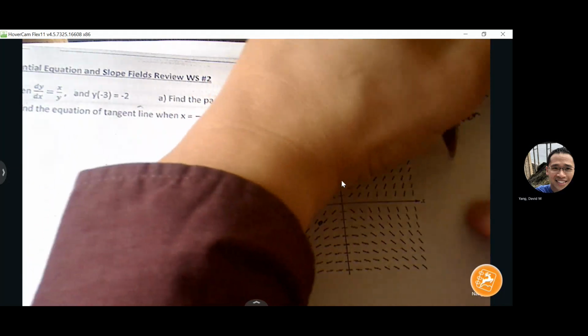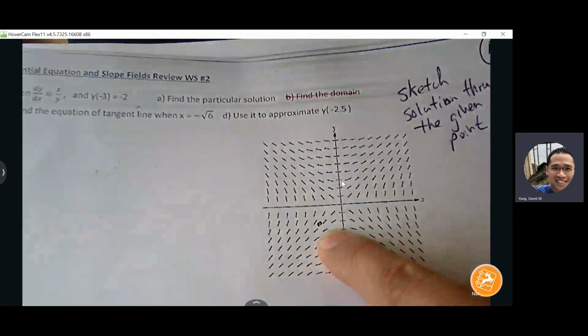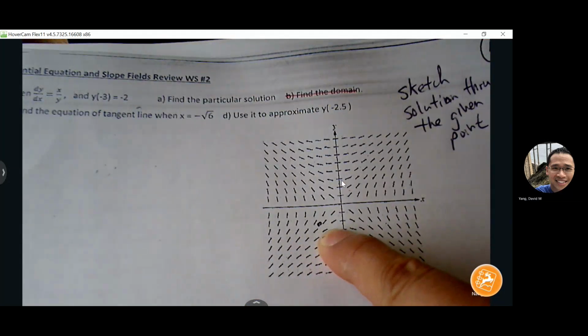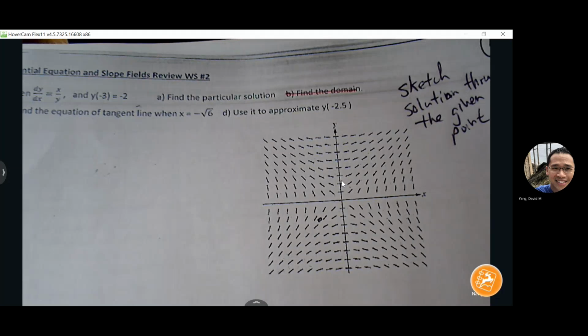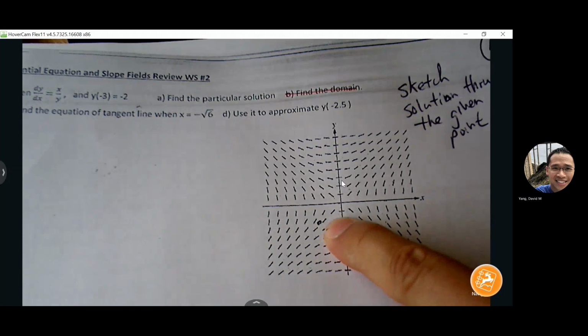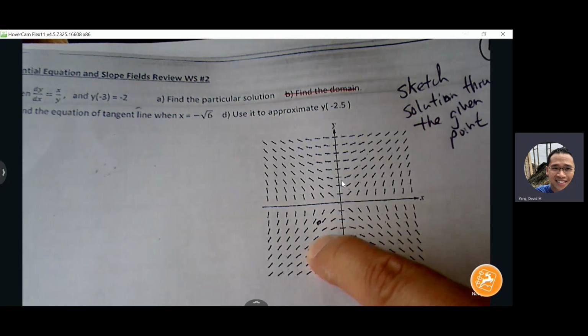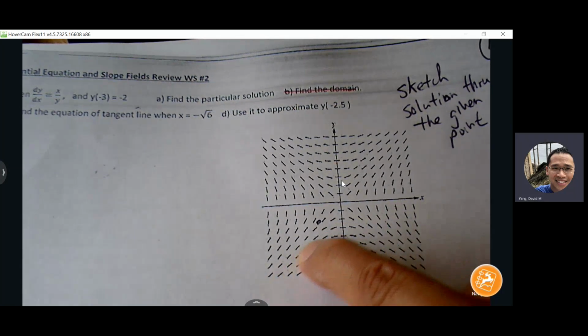So the point is here, -3, -2. We're just going to follow the path of the graph and follow the stream of this graph here.